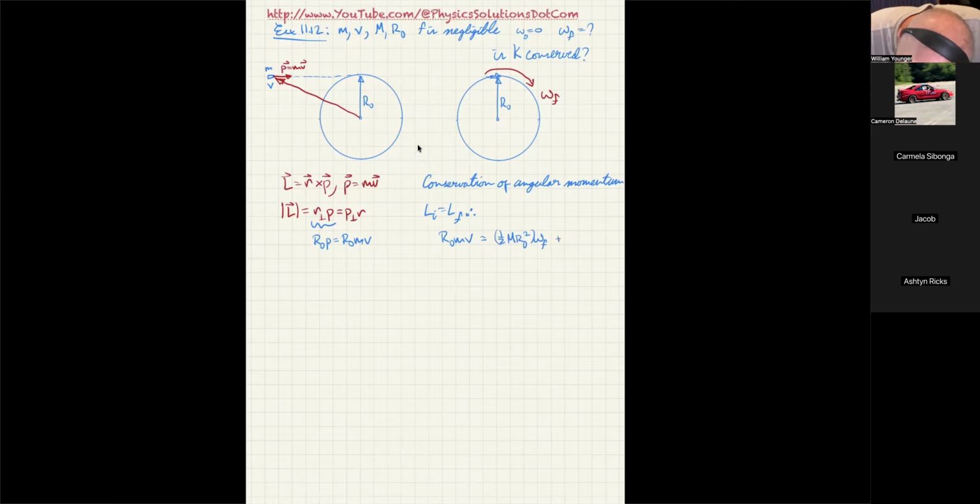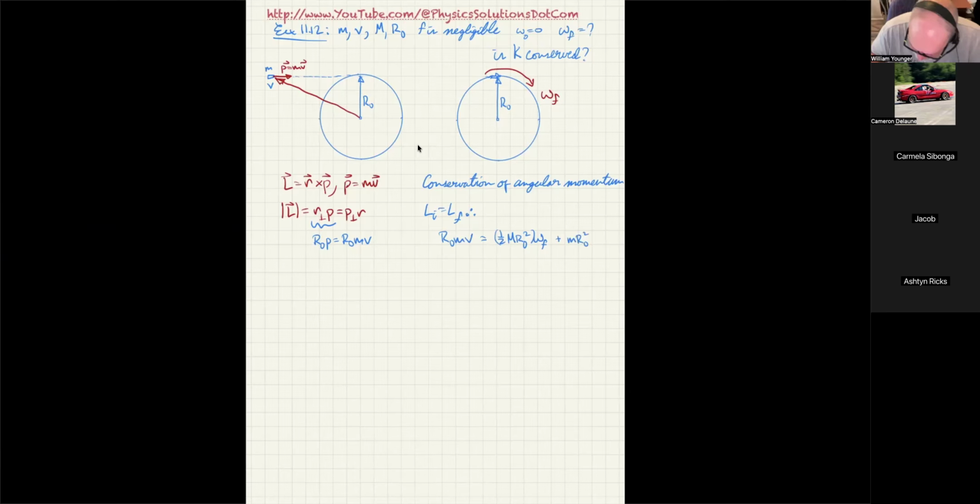It's all going to be a distance r away, so it's going to have a mass m at a distance r0 away.